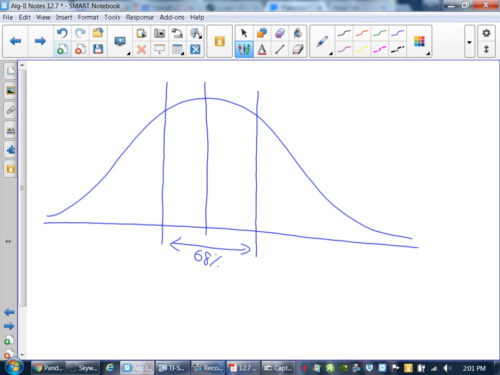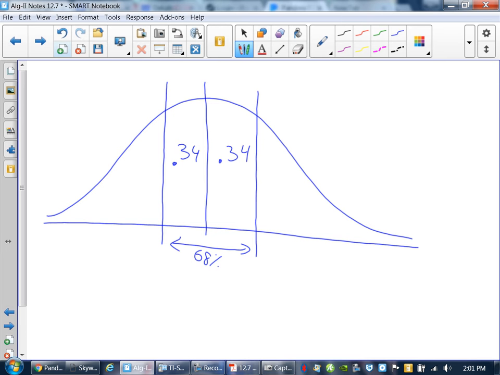It's symmetrical about the mean, which means half of that is above the mean and half is below. If it's 68% for the whole thing, how much is in each half? 34. So 34% of data occurs here and here, just by taking half of it.